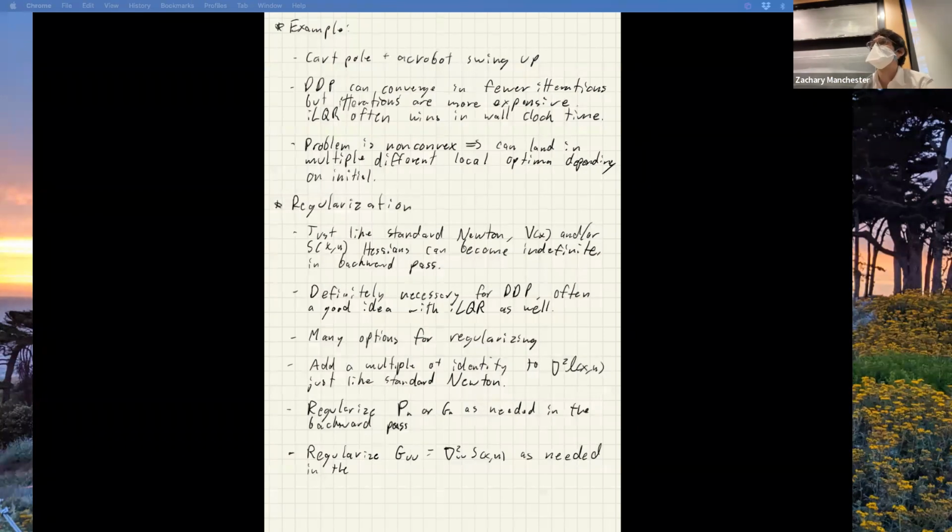Or why not? Any thoughts on that? Okay, so the reason you might do that is that that is the only block that you have to invert in the Riccati equation. So I'll write that down.